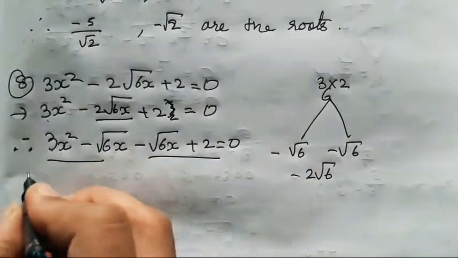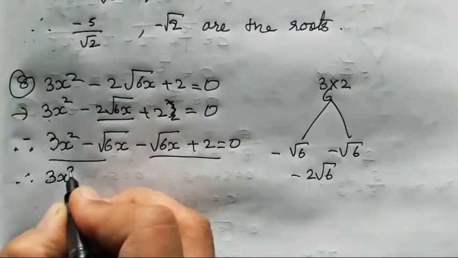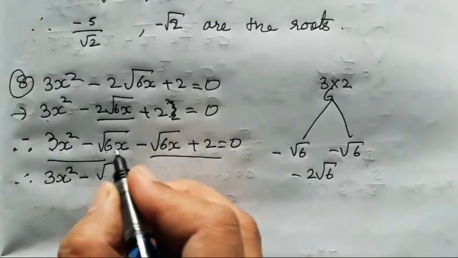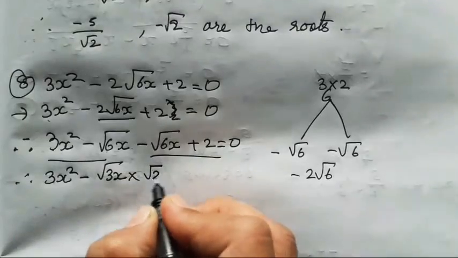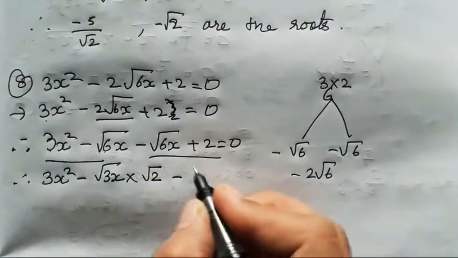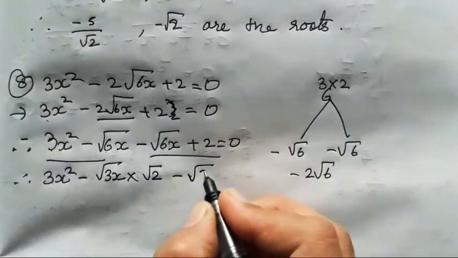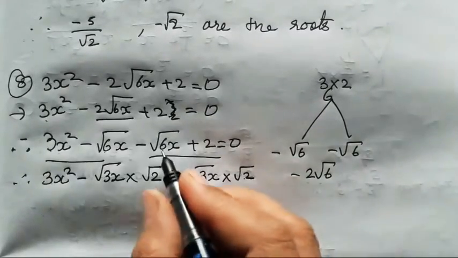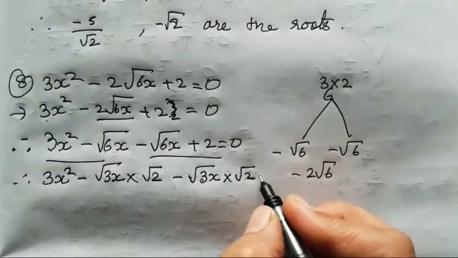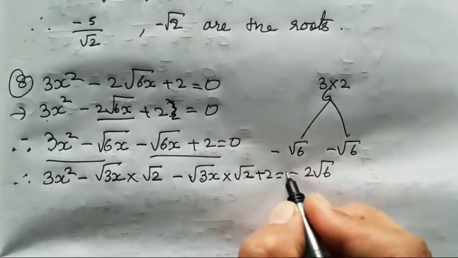Now taking the common bracket, that is 3x square minus, now how does 6 come? That is 3x into root 2. Again same thing for root 6 is going to be root 3x into root 2, because when you multiply you are going to get root 6x, plus 2 is equal to 0.